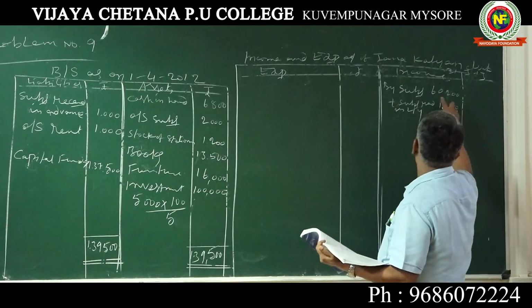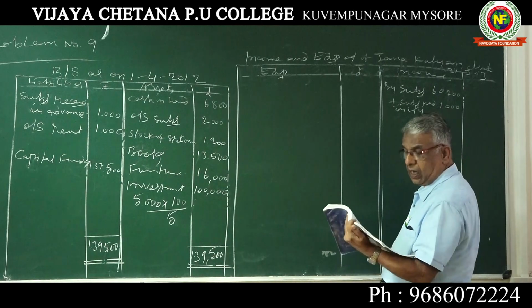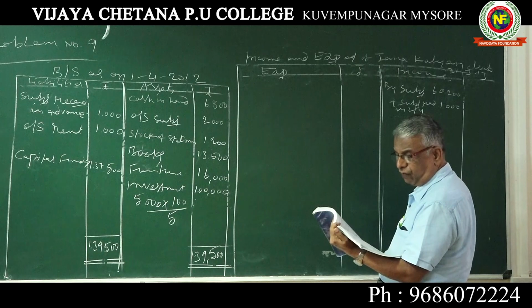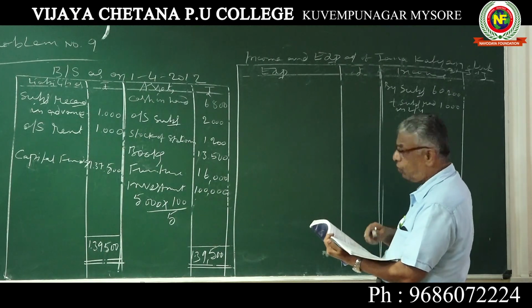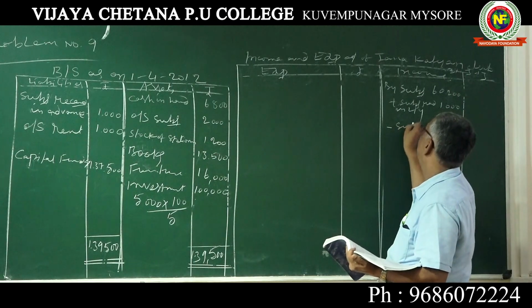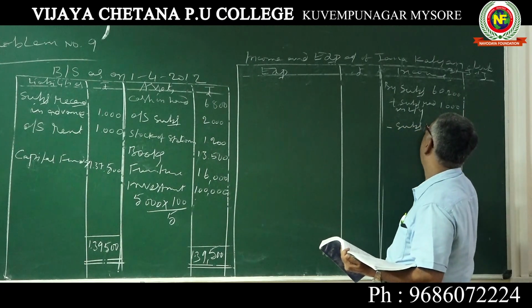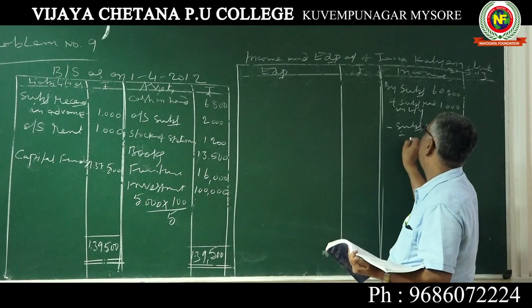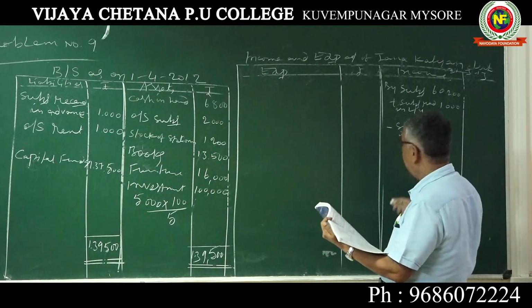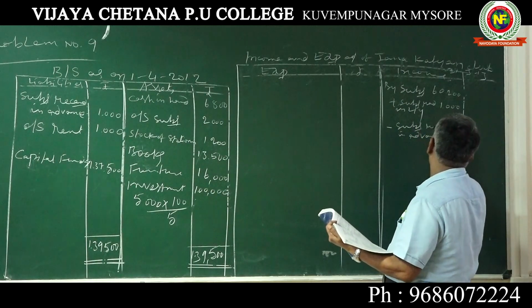The 60,200 we have received includes the advance for the year 2014, that is 3,200. That we have to deduct. Less subscriptions received in advance for the next year, 3,200.